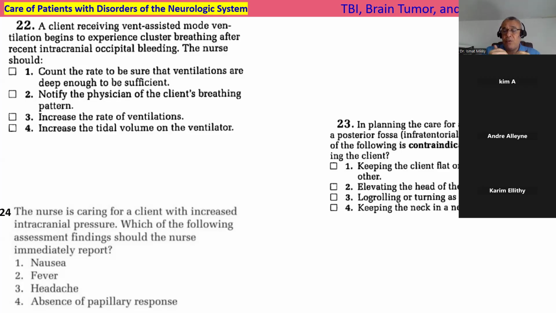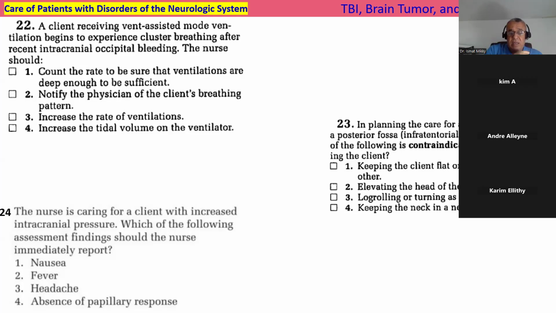Elevation of the bed to 30 degrees with the head turned to the side opposite the incision, if not contraindicated by the increased ICP, is used for supratentorial craniotomy. So number 1 is okay. That's good for the supratentorial, not the infratentorial.